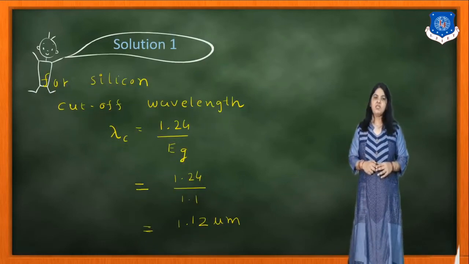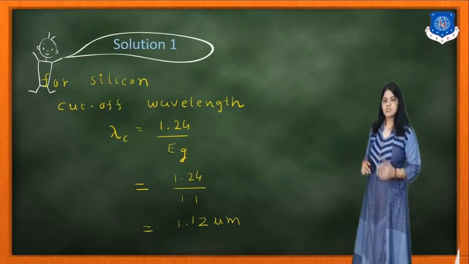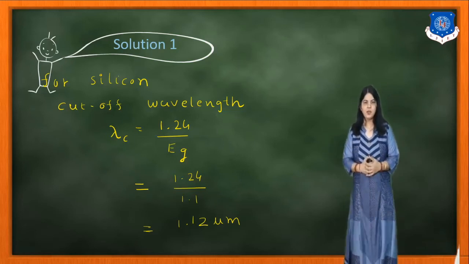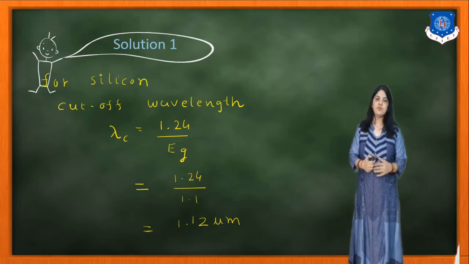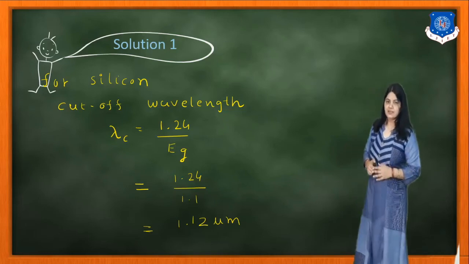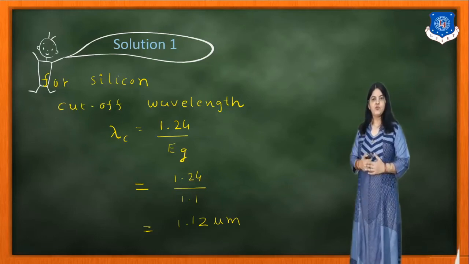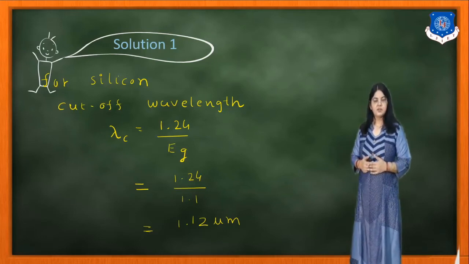First we calculate it for silicon. The cutoff wavelength lambda c is equal to 1.24 upon Eg.